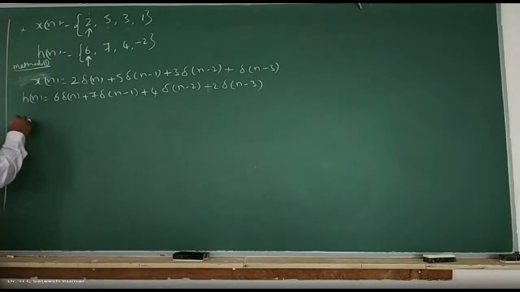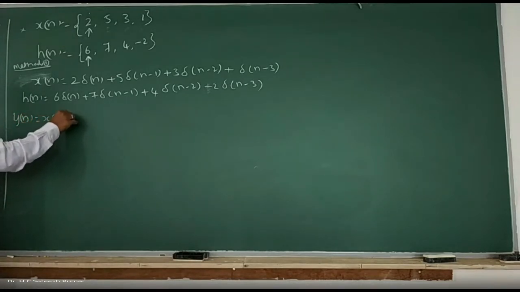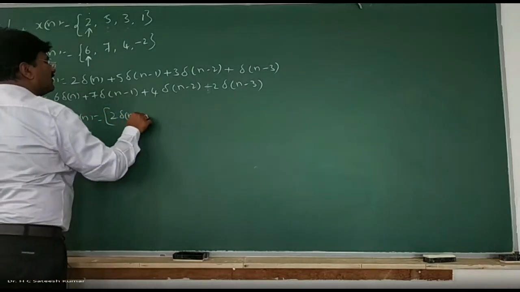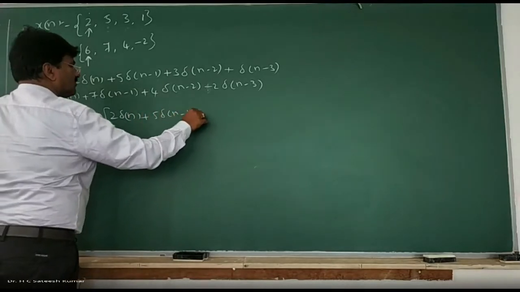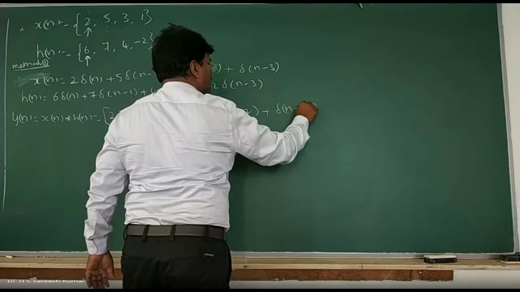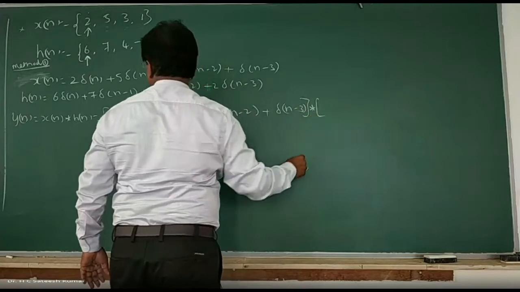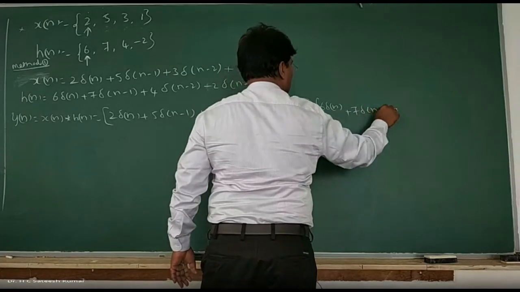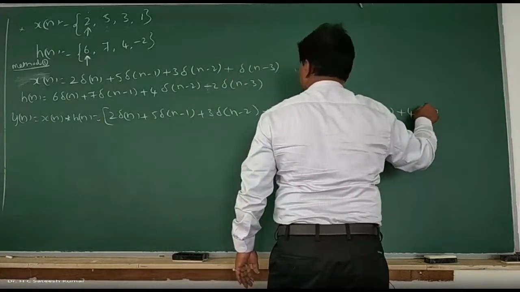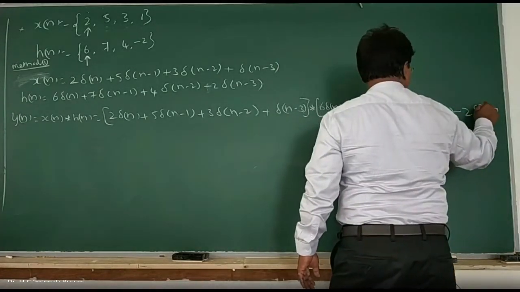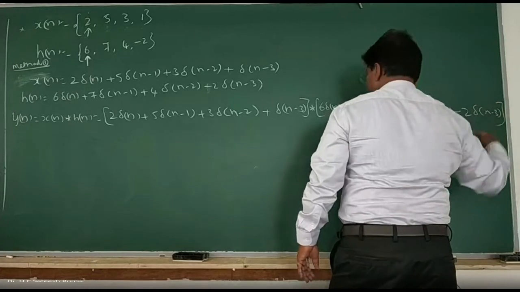So y of n is the convolution of these two: x of n convolution with h of n, which is nothing but 2 delta of n plus 5 delta of n minus 1 plus 3 delta of n minus 2 plus delta of n minus 3, in convolution with 6 delta of n plus 7 delta of n minus 1 plus 4 delta of n minus 2 minus 2 delta of n minus 3. You convolve these two. Okay, right.